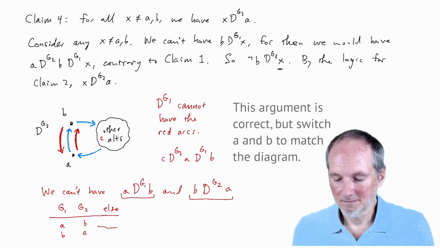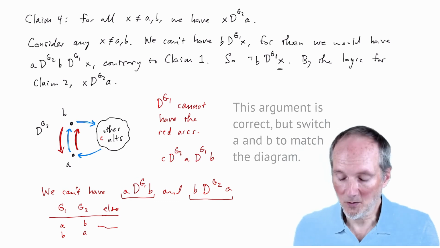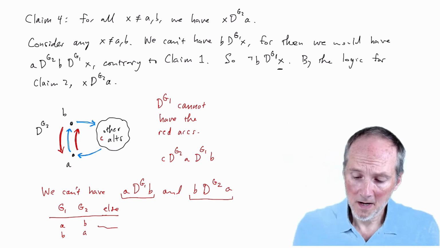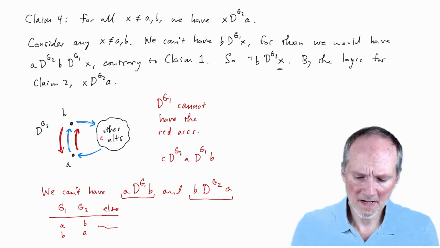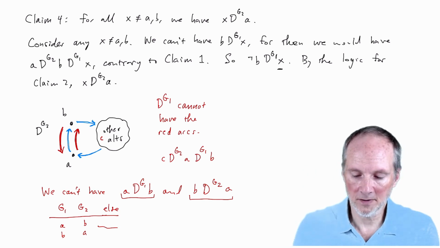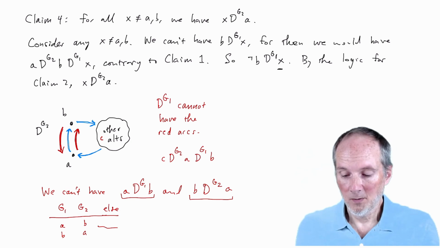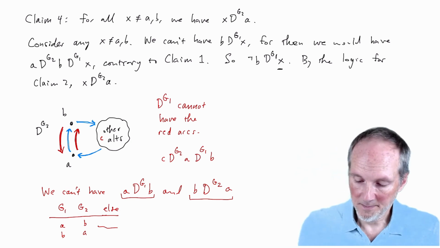Those two things can't simultaneously hold. So the decisiveness relation for G1 can't have any arc going from A to B, and it can't have an arc going from B to A. Well, we can do that for these other ones as well.